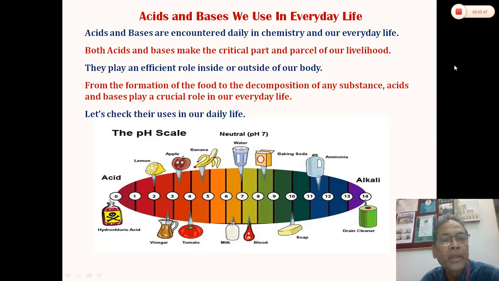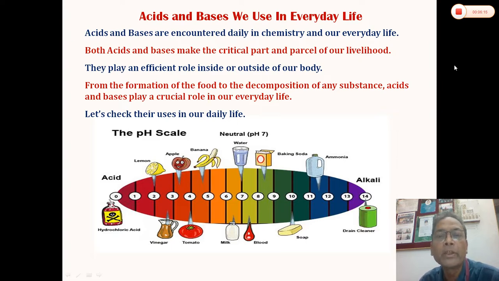For example, strong hydrochloric acid has pH 0. Then lemon, which contains citric acid, apple, banana, tomato, vinegar, all the components present in these are acidic in nature. Even milk is somewhat acidic. Its pH lies between 6 and 7. Water is neutral and its pH is exactly 7.